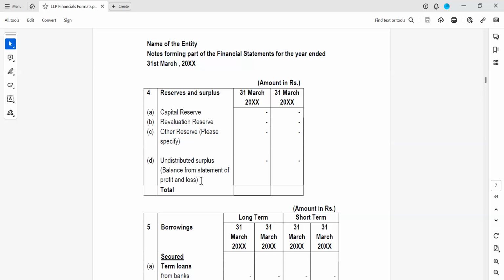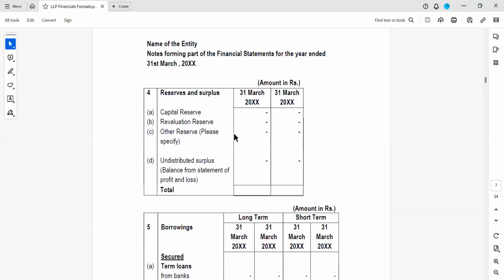So when they have converted to LLP, they try to make the fixed capital to the extent of share capital, and if they have valued their shares at a premium, then they have brought that difference amount into capital reserve. All these things have been done. So this capital reserve is very important as far as LLP is concerned. If you are doing an audit of any LLP, then you have to see where this capital reserve is coming from.